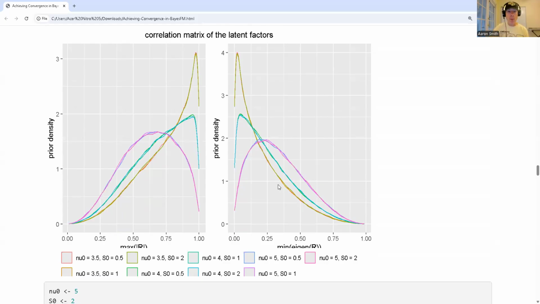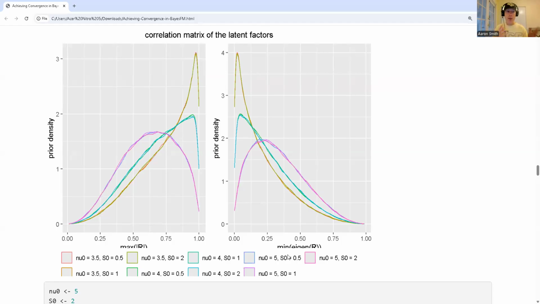Remember, I don't want an eigenvalue close to 0, and I don't want correlation close to 1. So the parameter values that are overlapping with this yellow curve and overlapping with this teal curve, I don't want those, because of both sides of it. Now the purple looks attractive to me. I look at the purple, and that's nu equals 5 with the variations of S0.